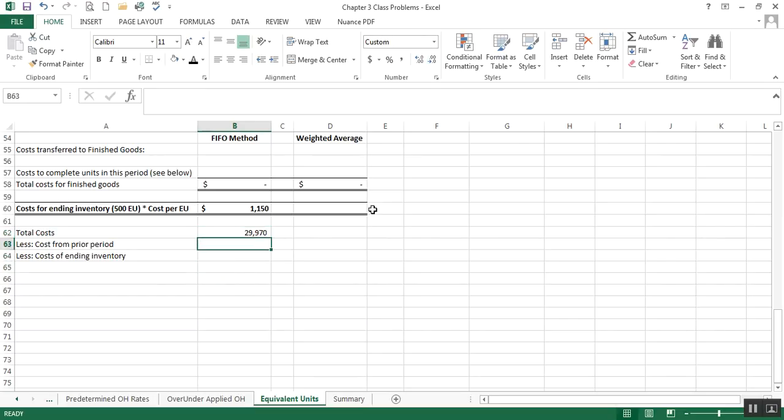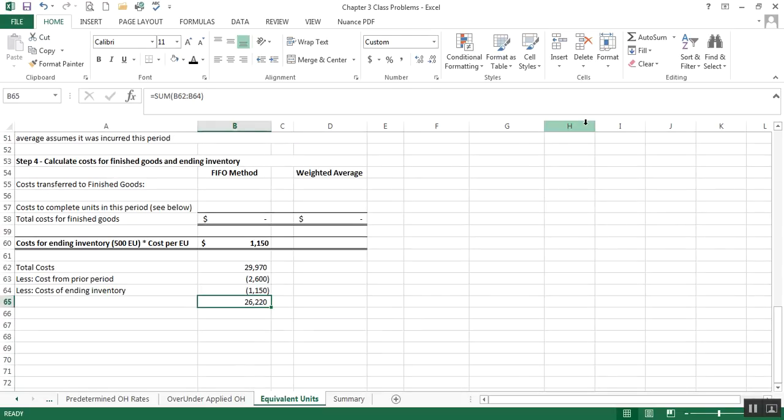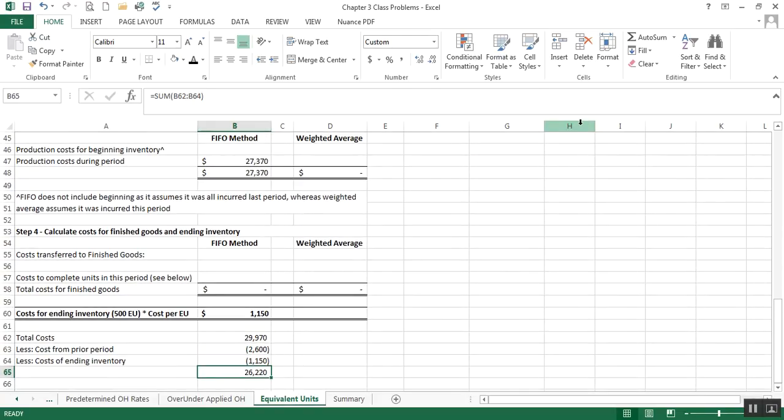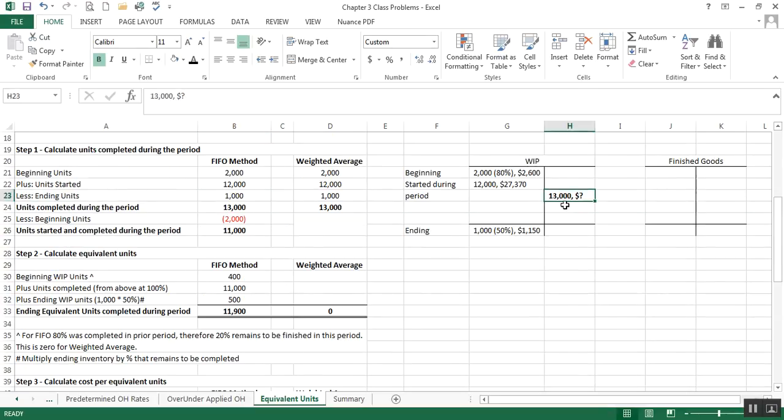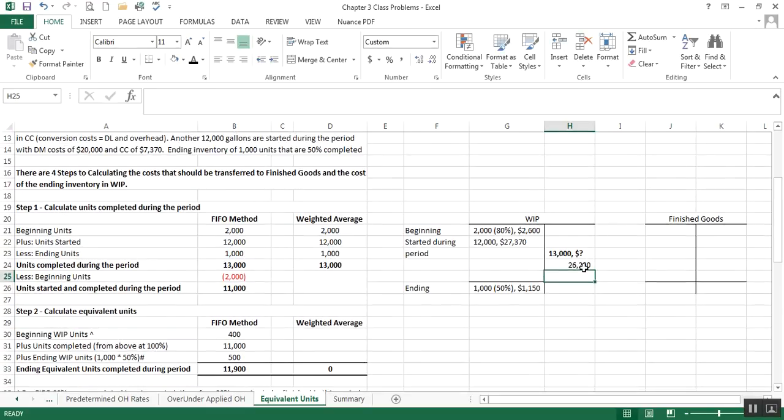And the cost from the prior period we can exclude because it was not incurred this period. We can also exclude the cost of my ending inventory. And when we add those up, we know that our costs, excuse me, for this 13,000 should be 26,220. Okay? So that's what the objective is.